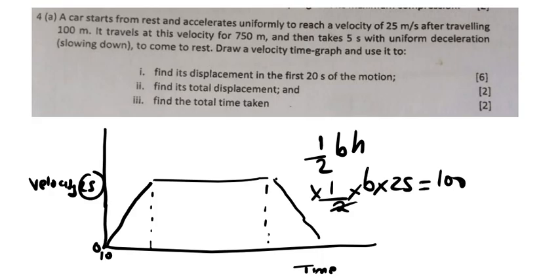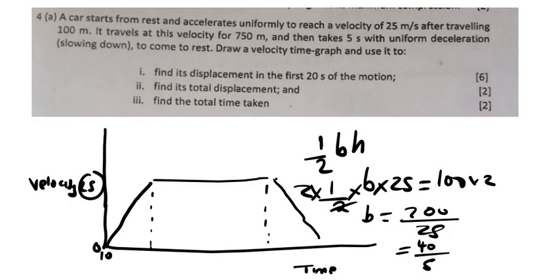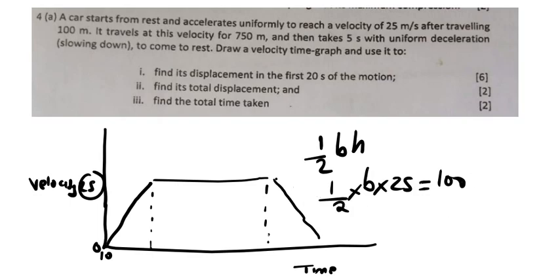If I multiply by 2 throughout, this and this will cancel. I'm going to have b equals 200 divided by 25, which is 8. So basically I'm trying to find the time that it took in the first phase.